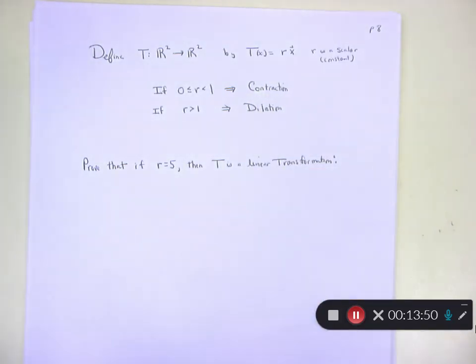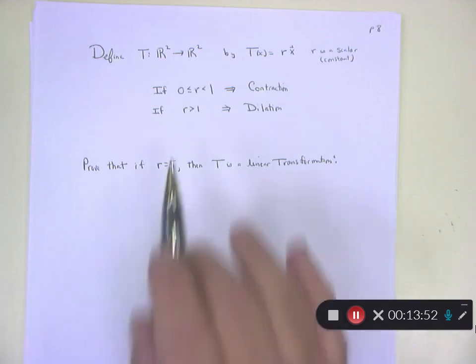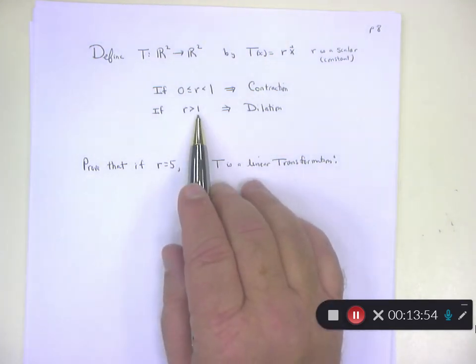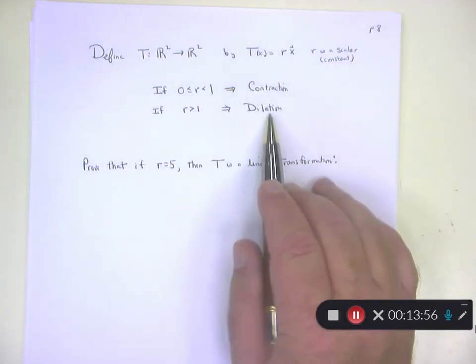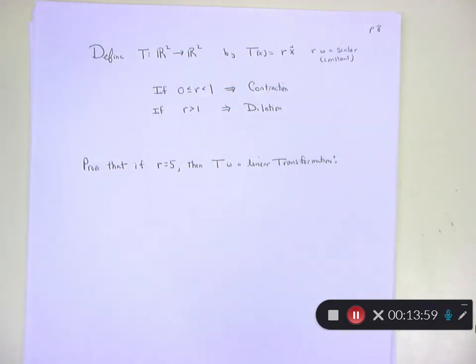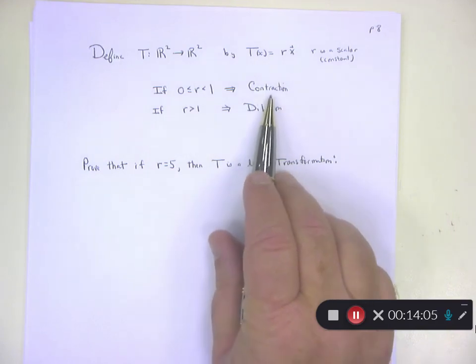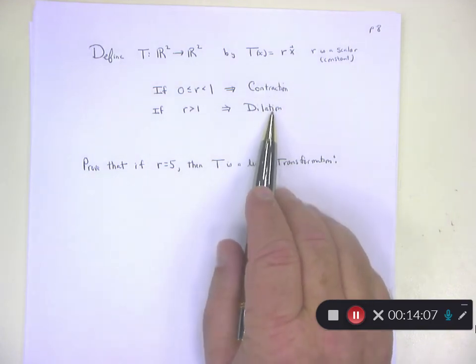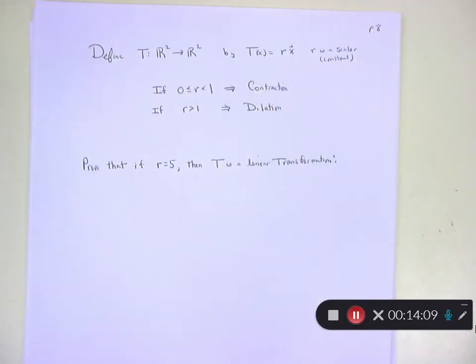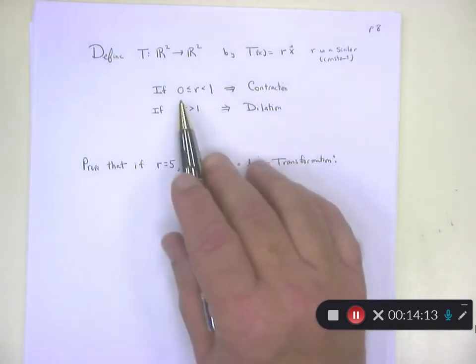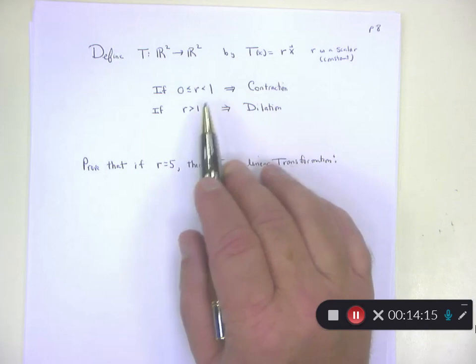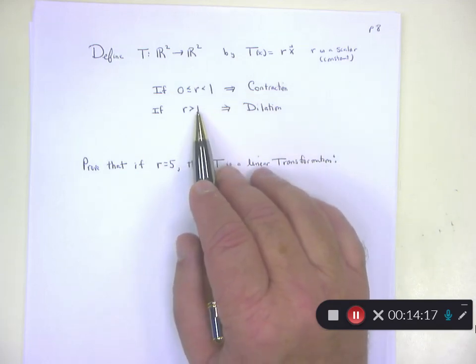If r is greater than 1, we call that a dilation. It's going to expand it, stretch it out. So you either have a contraction or a dilation. If r equals 1, that's called the identity, and it doesn't change the vector at all. Either you have a fraction between 0 and 1, or a number bigger than 1.